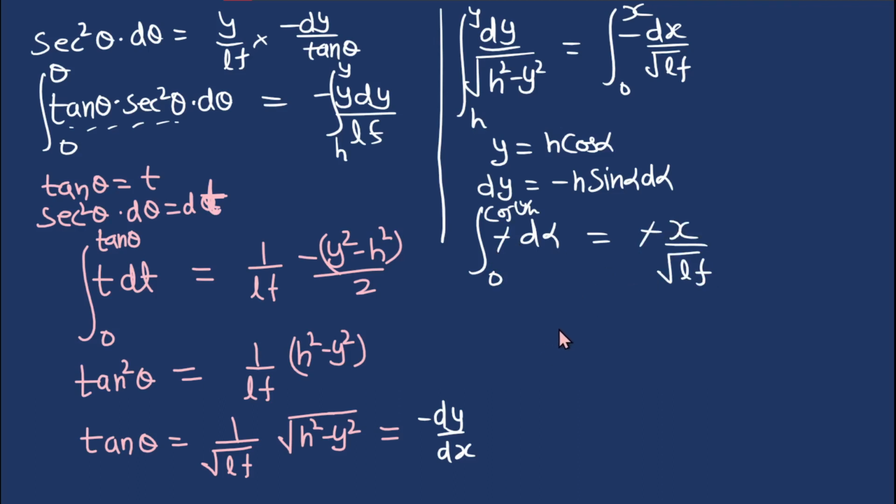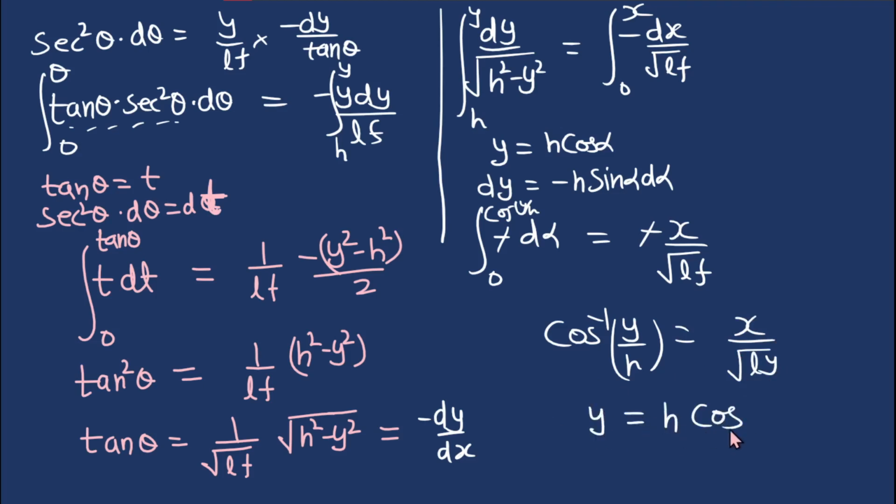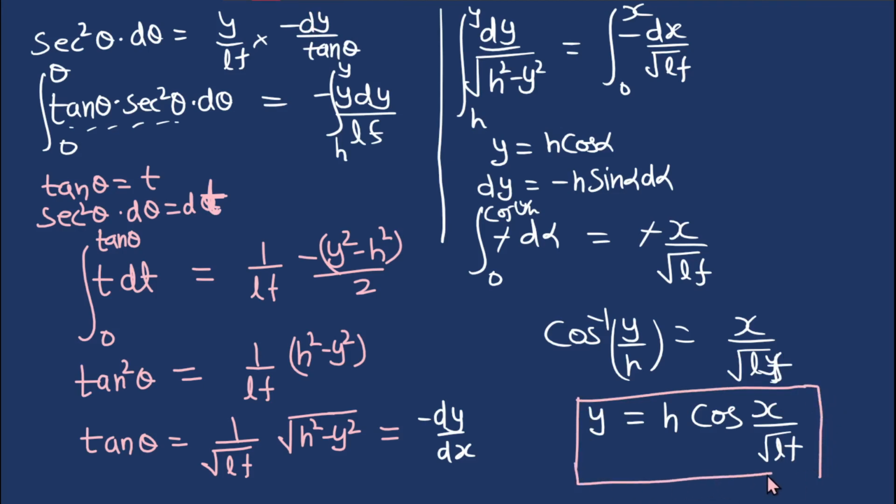So what we are getting is cos inverse y by h equal to x by root of LF, and if we simplify this whole term, we'll get y equal to h cos of x by root of L into f. So this is the equation of the path of this light ray that we are getting.